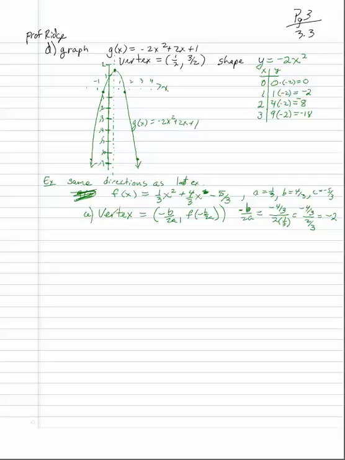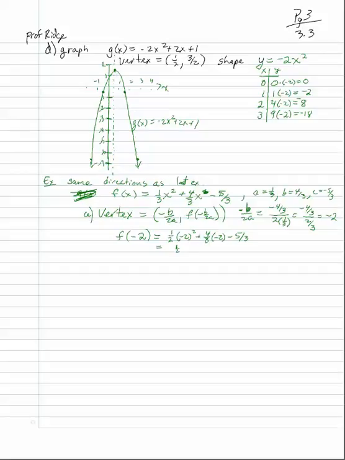And then my k coordinate: plug the answer for that one, negative 2, into the function. So 1/3 times negative 2 squared plus 4/3 times negative 2 minus 5/3.